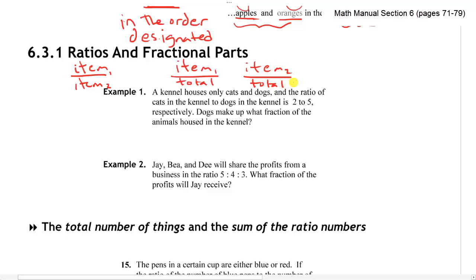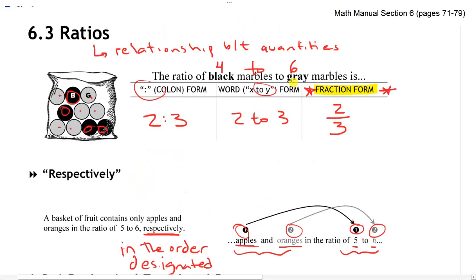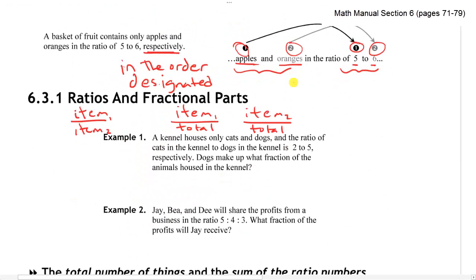So in the previous example with the black and gray marbles, remember we had 4 black and 6 gray marbles, and so our ratio of item to item was 2 to 3. But if we think about the fractional part of the bag that was black marbles, it would actually be 4 out of our total, which is 4 out of 10, which reduces to 2 out of 5.